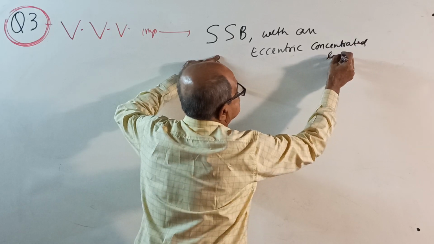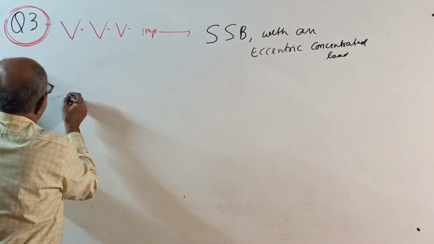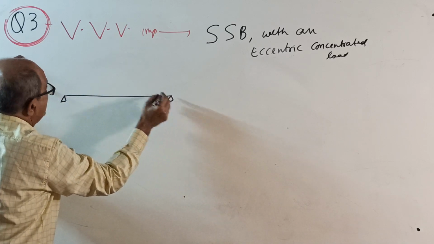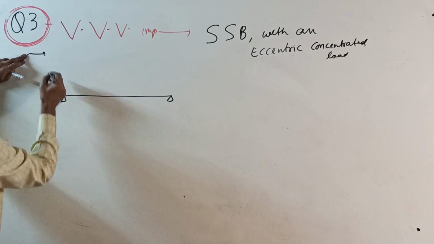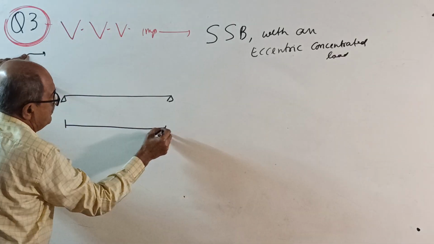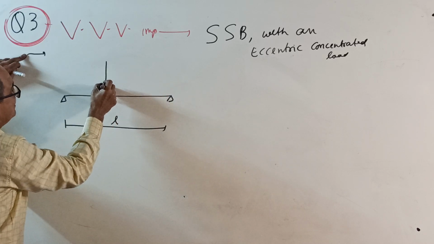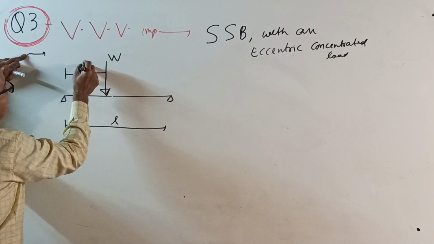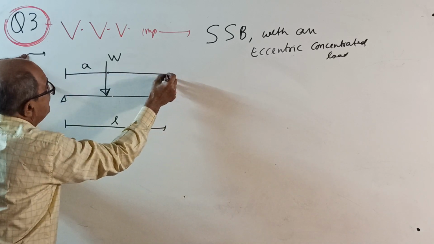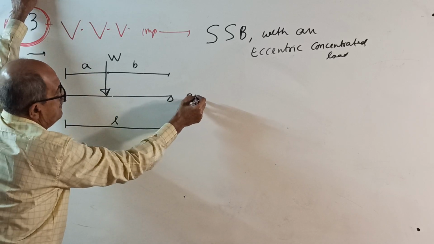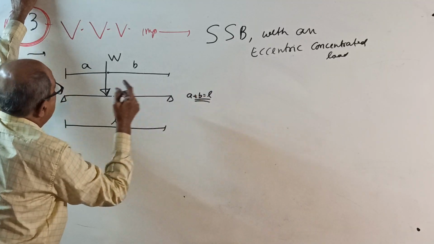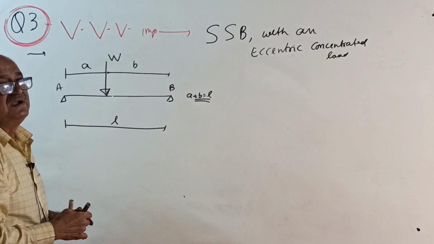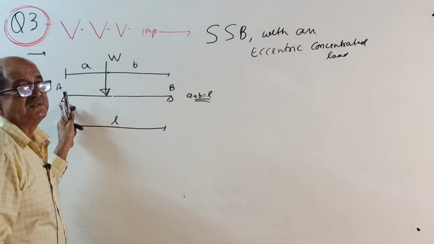Concentrated load. Now write here. Suppose your question is: a simply supported beam of span L subjected to a load W at A from the left end or B from the right end; surely A plus B equals L. Here A is the distance of the load from the left support.